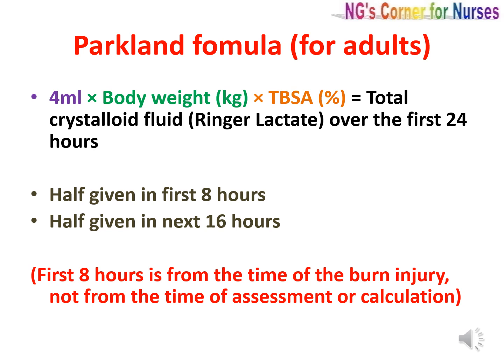There are various formulas for calculating total body surface area that we have already discussed in our last video. If you want to review it, then please go through that video. The link is given in the description box. And the most common formula we use for total body surface area calculation is the rule of 9, equals the total crystalloid fluid.